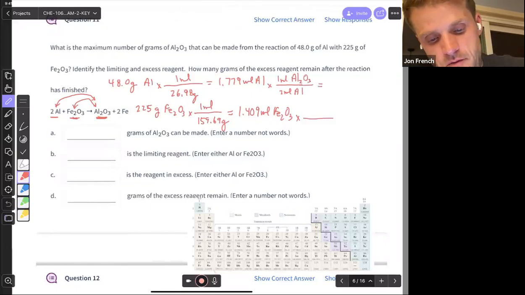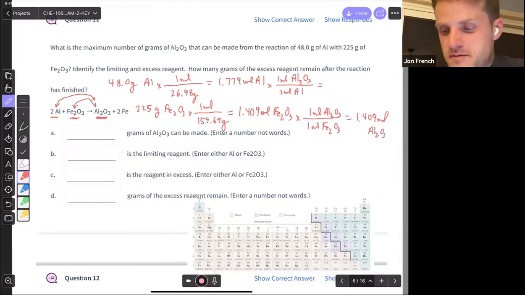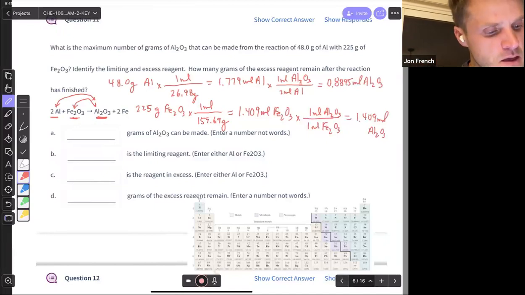Whereas for 1 mole of the iron oxide, I'm going to make 1 mole of aluminum oxide. So that's 1-to-1, and I'm going to make 1.409 moles of aluminum oxide. Up here, we divide 1.779 by 2 to see that we can only make 0.8895 moles of aluminum oxide.